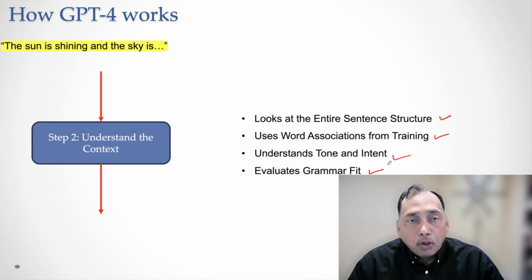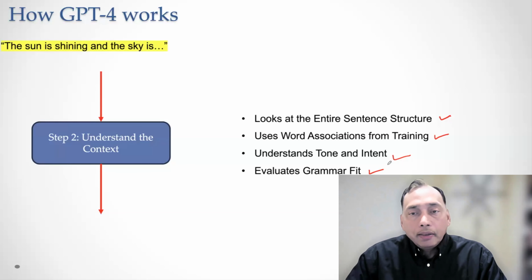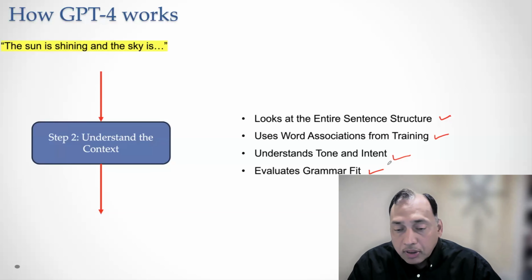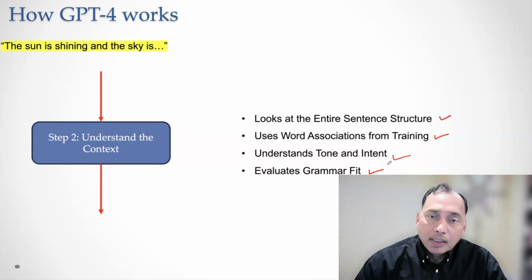So it will try to rule out things like "walked", or anything which is a verb or noun. Its preference, based on the grammar, will go towards something like blue or cloudy.